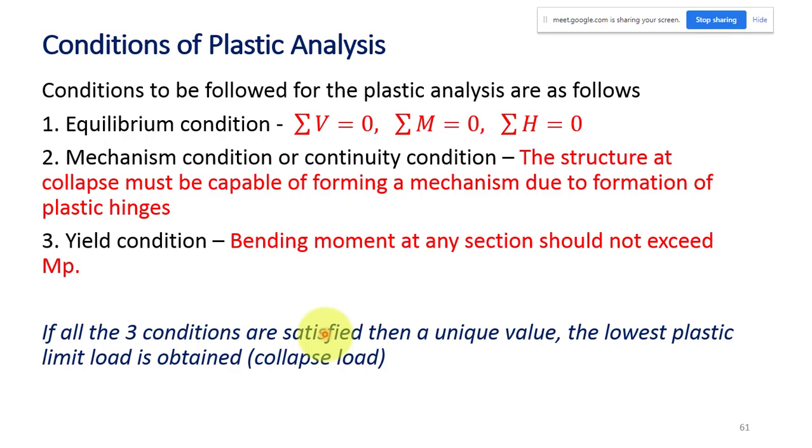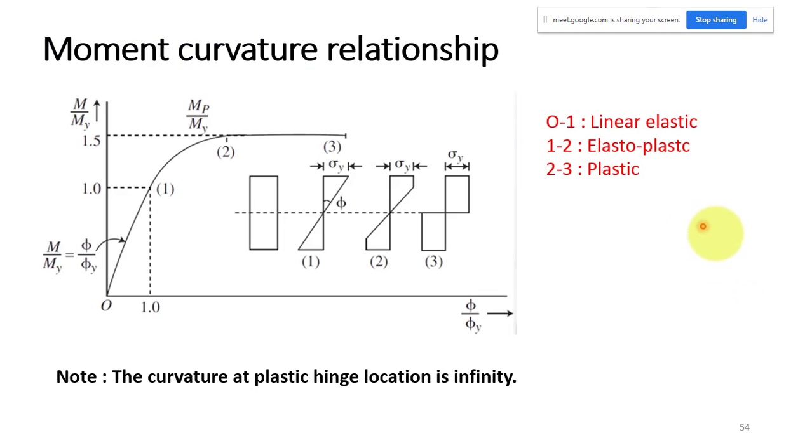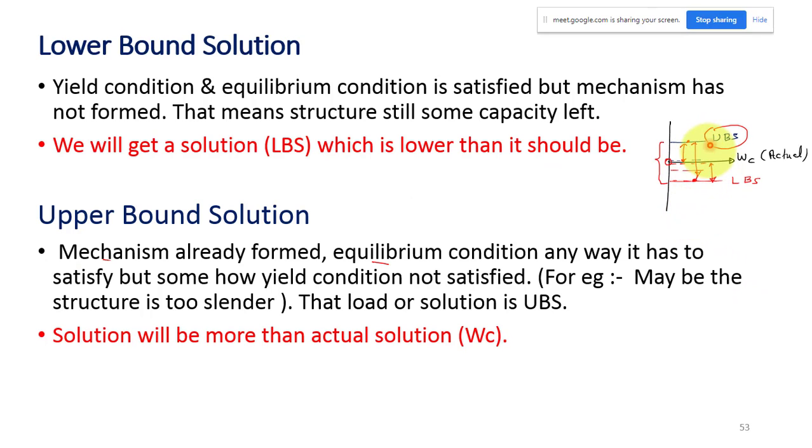That will be the lowest collapse load; we can say the lowest plastic limit load is obtained if all three conditions are satisfied. Otherwise, there can be variation, and the upper bound and lower bound solutions will sometimes give different answers.